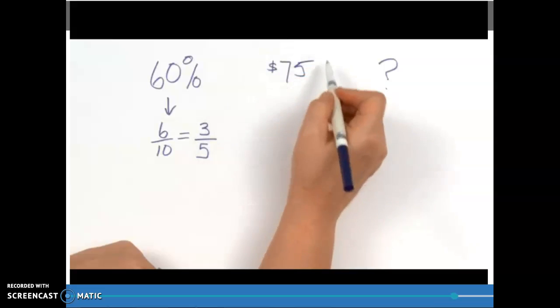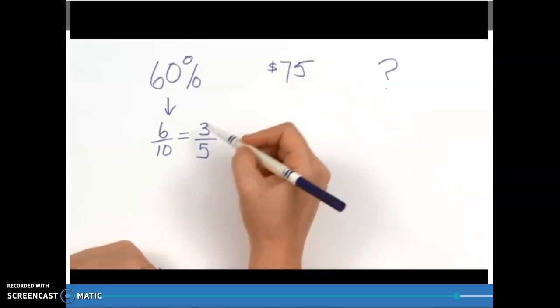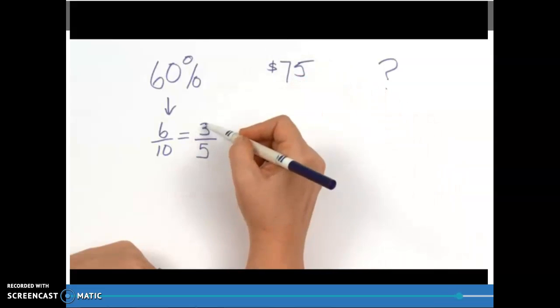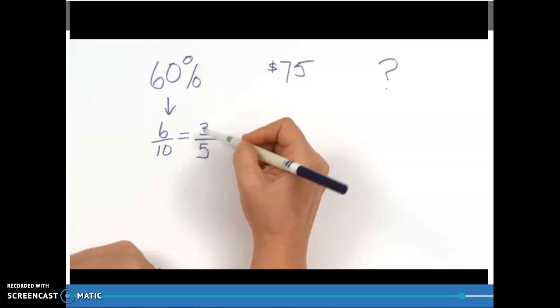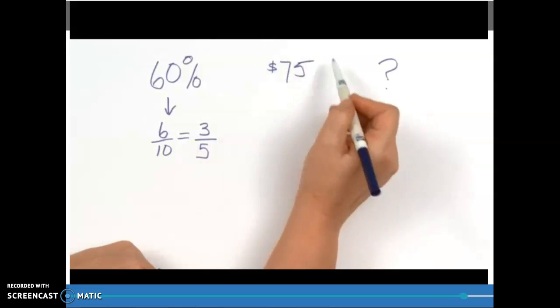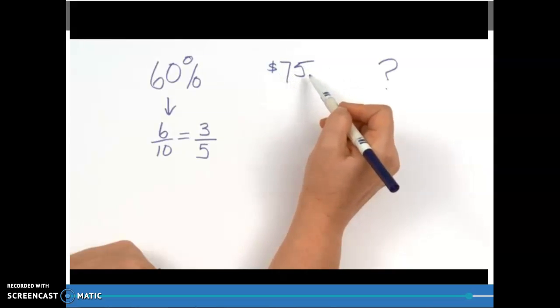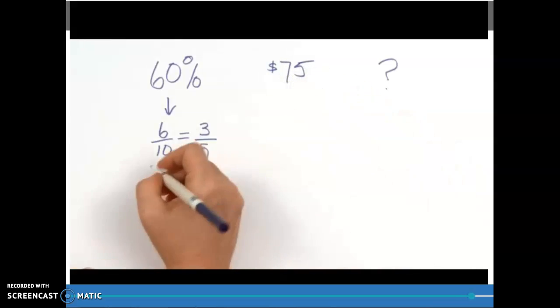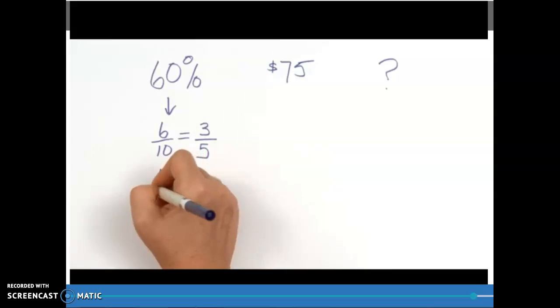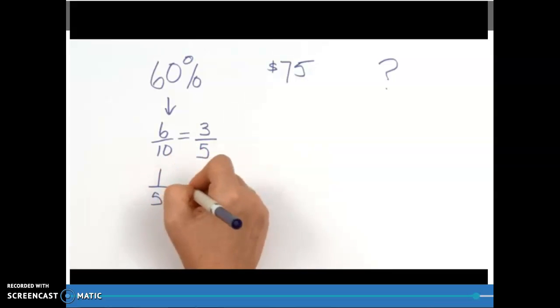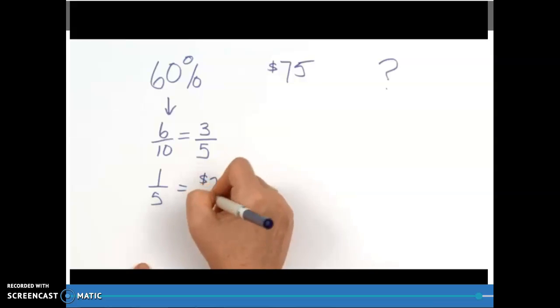Now let's consider the $75. Our fraction means that we have 3 parts out of 5. If 75 is made of 3 parts, then each one of those parts must be 25. So we could say that 1/5 equals $25.